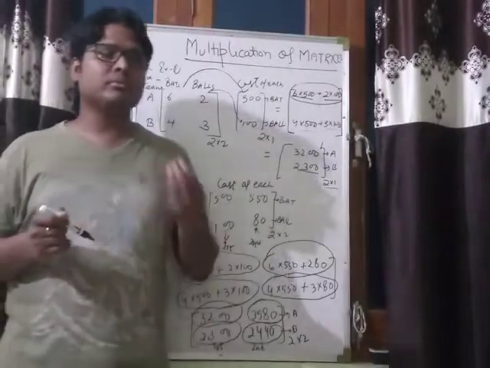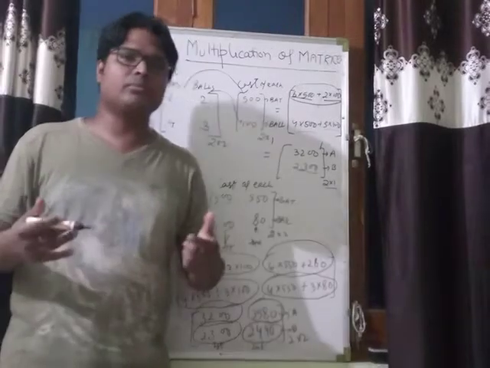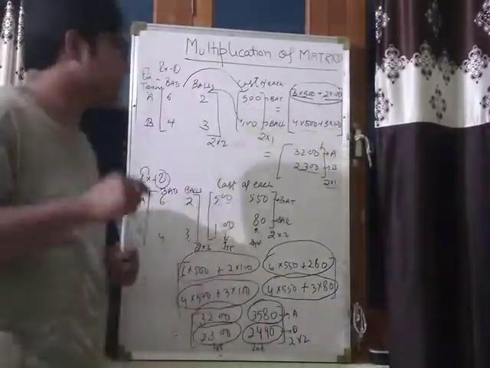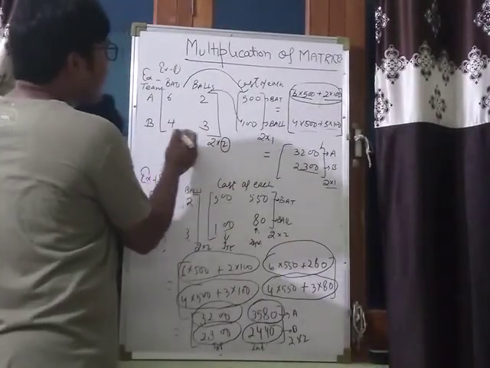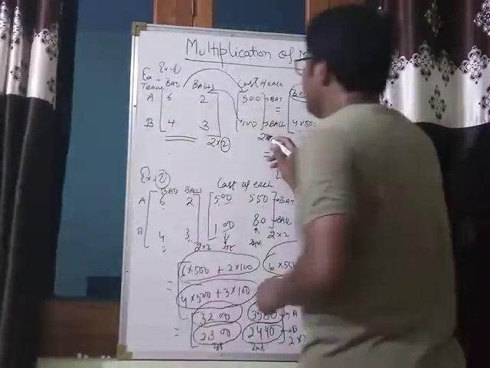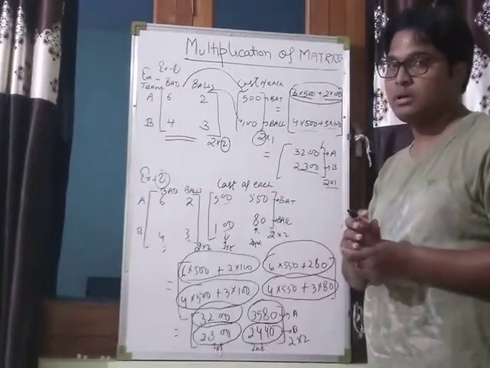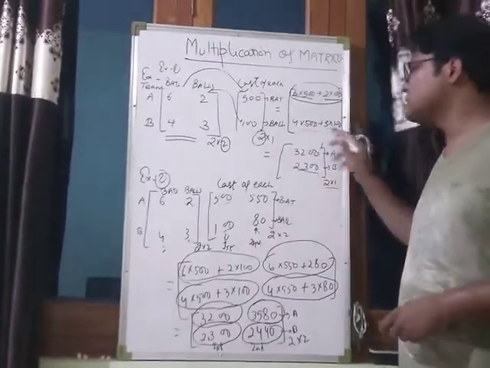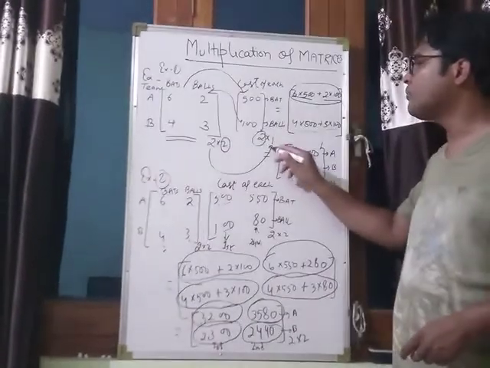These two examples show you the need for matrix multiplication. And one thing is common here: the number of columns of the first matrix and the number of rows of the second matrix are the same in both cases, and the result is a matrix of order 2 by 1 in the first case.